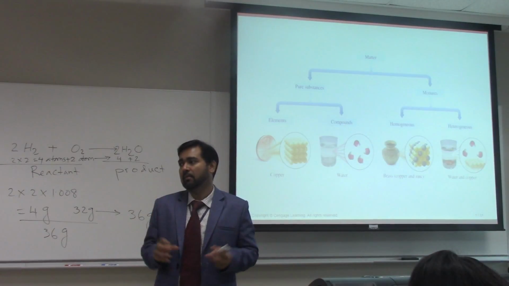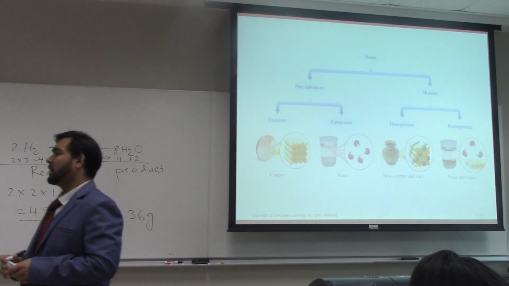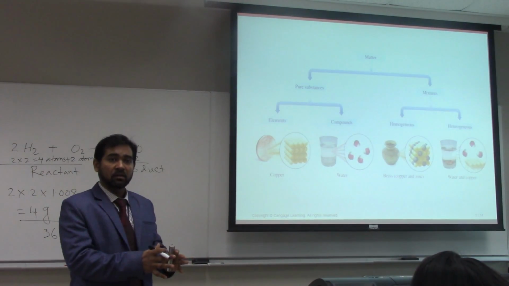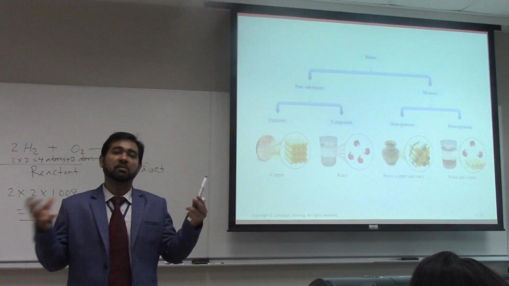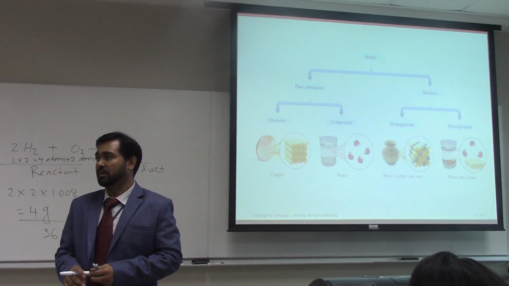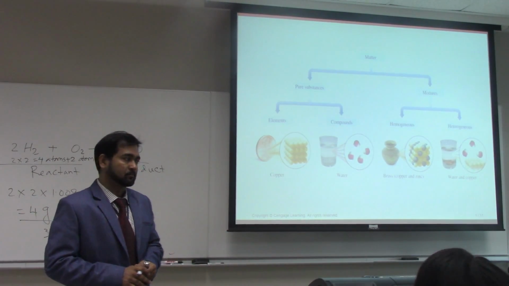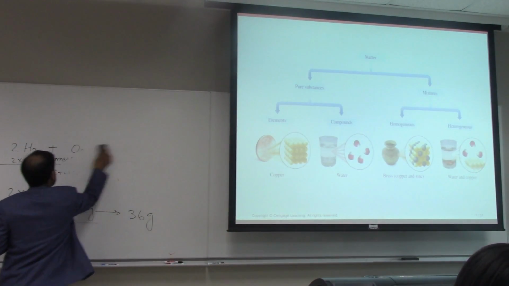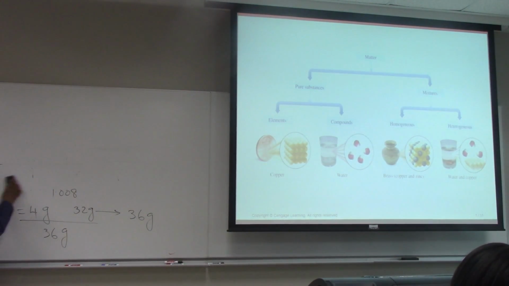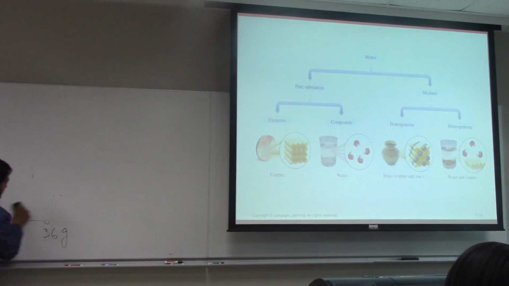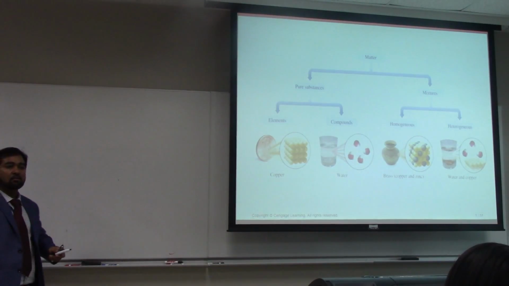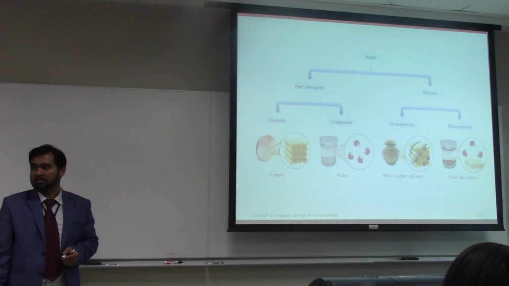So give me an example where matter has a specific property and combination, and where it doesn't have a specific or unique property and combination. Give me 2 examples from these 2 types. Nitrogen. Is nitrogen a specific property and combination or not?